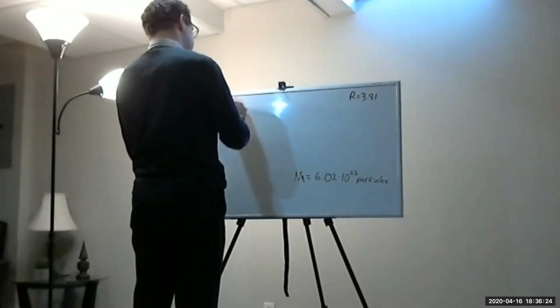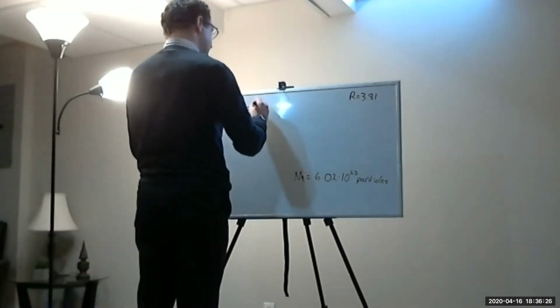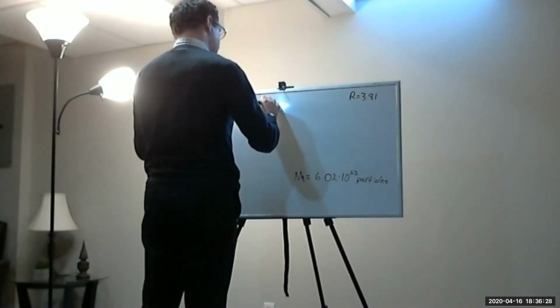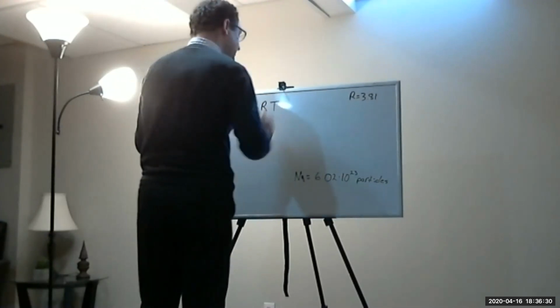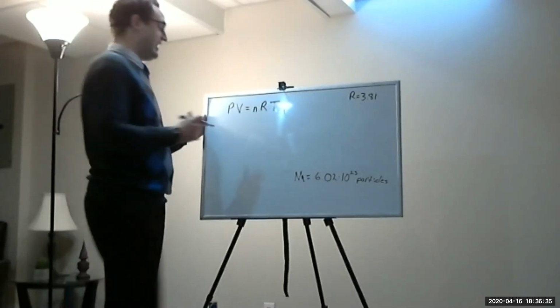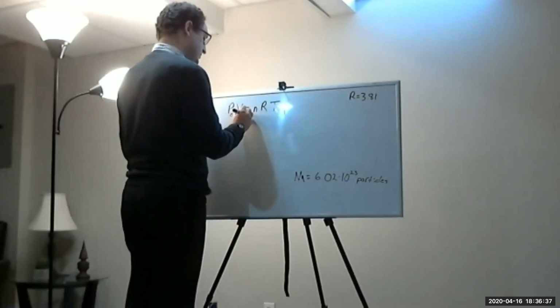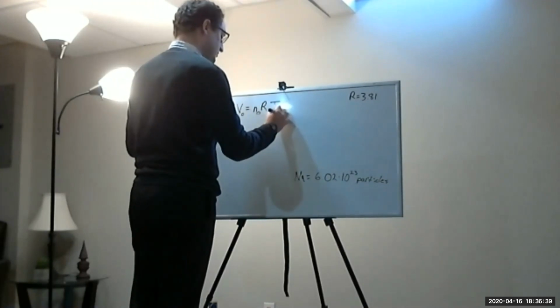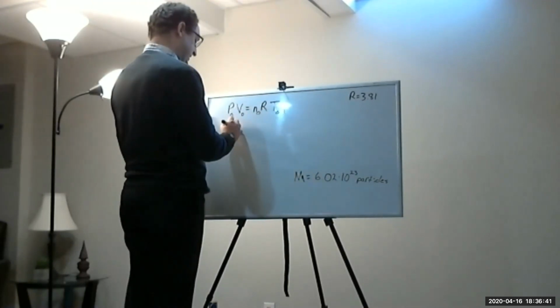we're dealing with PV equals nRT, okay? But what they're saying is I have some starting values and I have some final values.